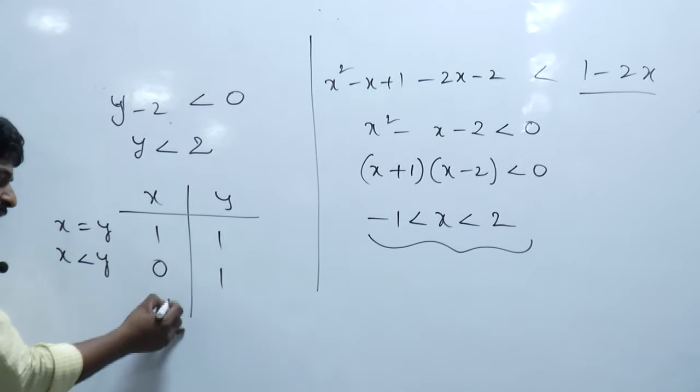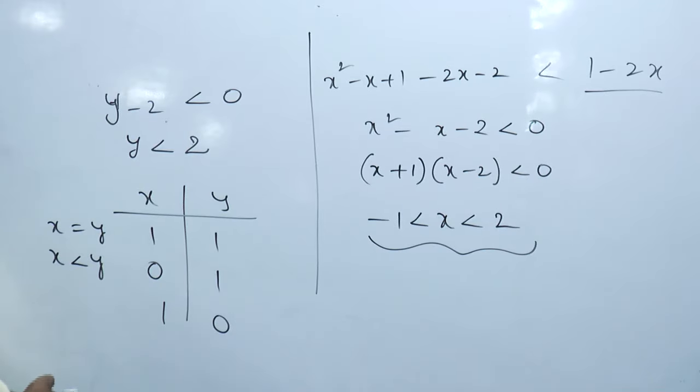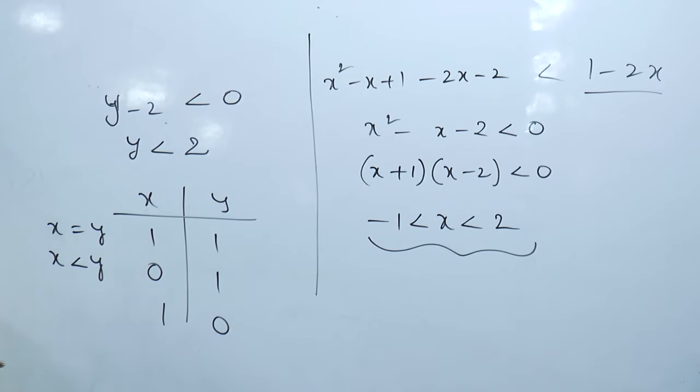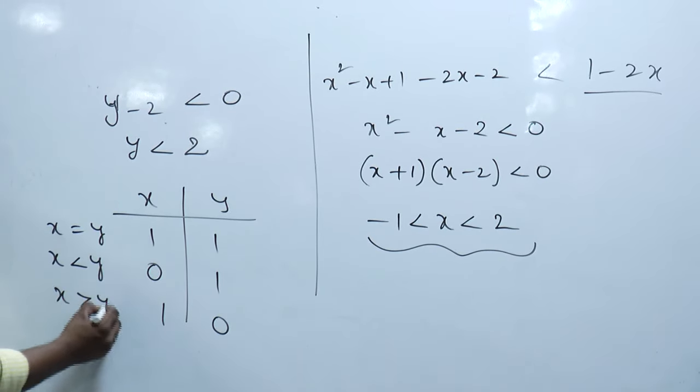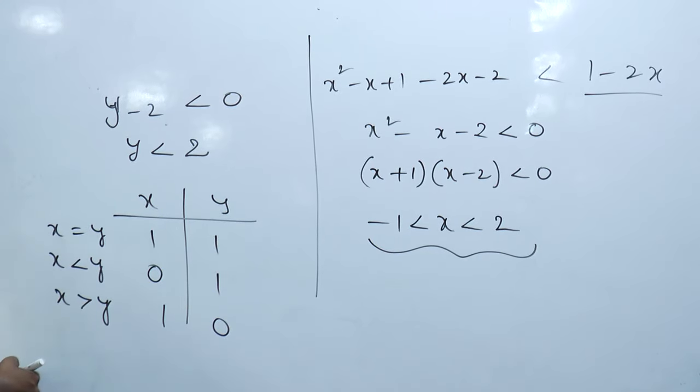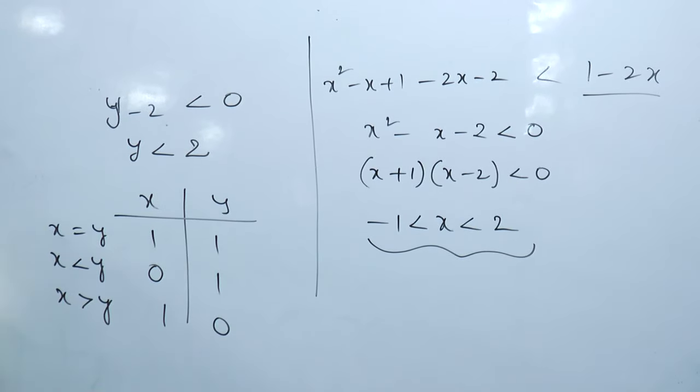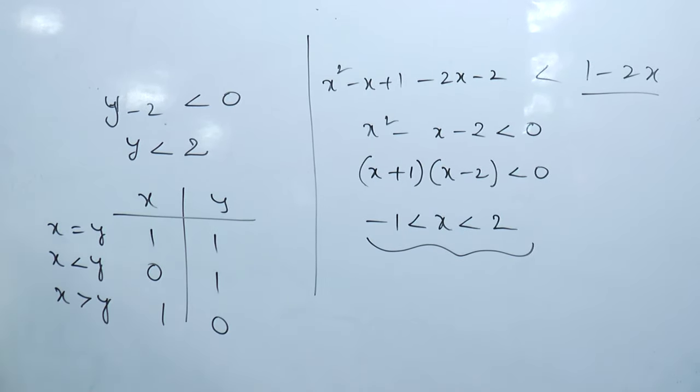Now I will take x as 1, but y as 0. Both are possible. x is greater than y. Are you getting it? So the answer cannot be determined. x can be equal to y, or x less than y, or x greater than y.